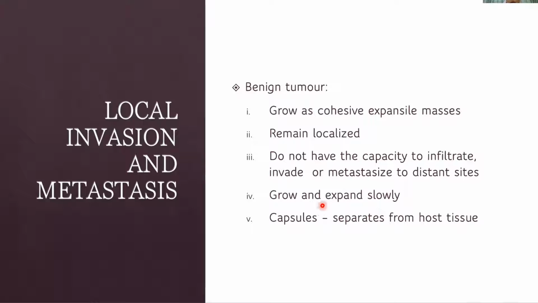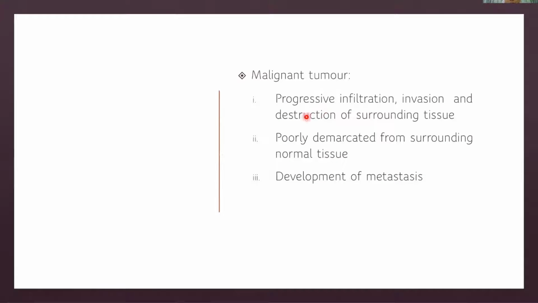Benign tumors also grow and expand slowly. For a malignant tumor, because the basement membrane is already destroyed and there is no capsule, the tumor can easily infiltrate the adjacent structures and also metastasize to other organs.